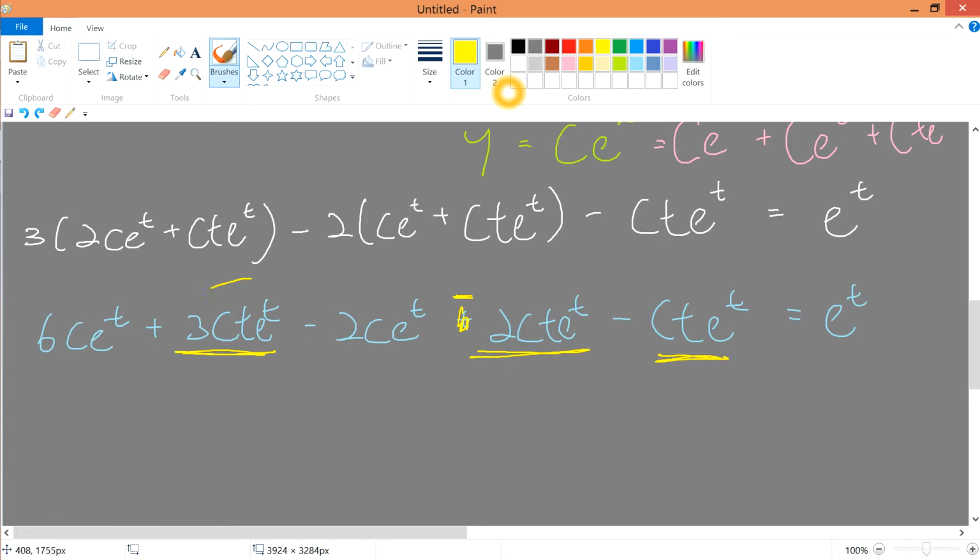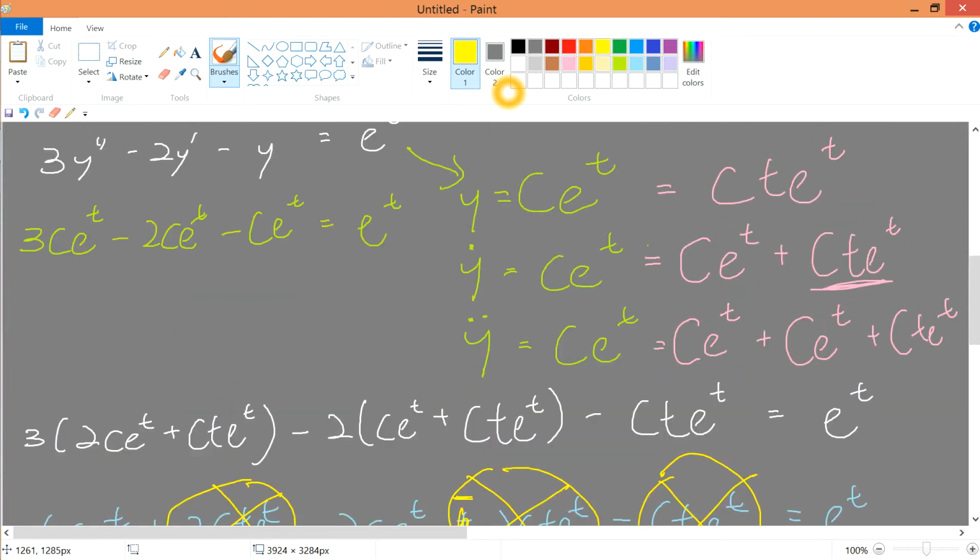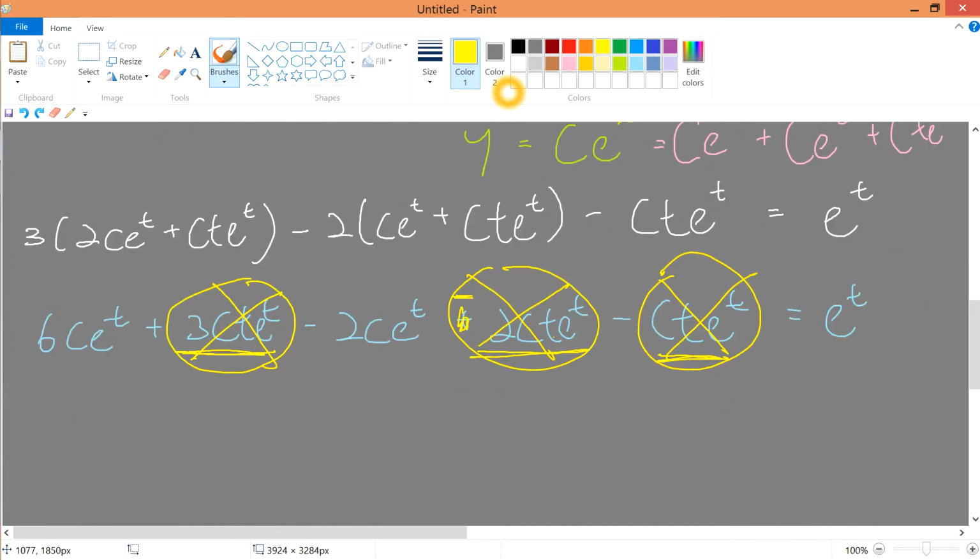Anyway, 3Cte^t minus 2Cte^t minus Cte^t, they all cancel each other out, just like what was done just now. So in fact, Cte^t acts as a bait to cancel out each other, and then to help us gain this thing.